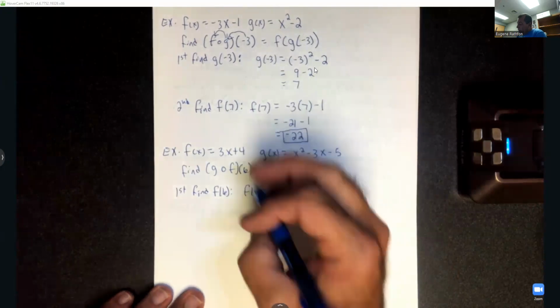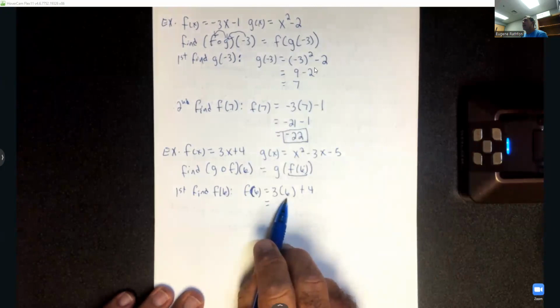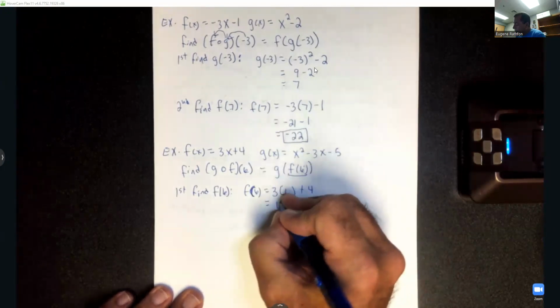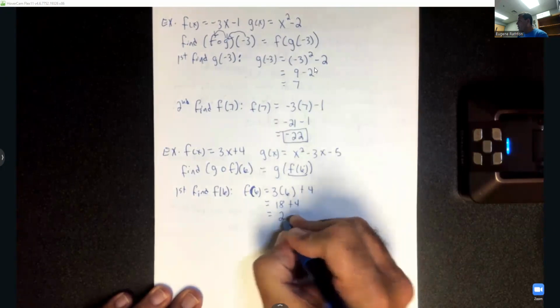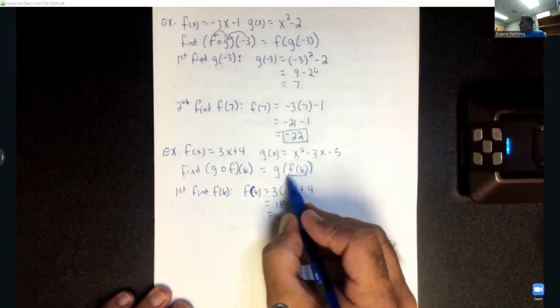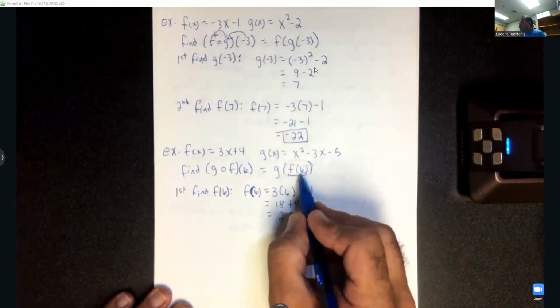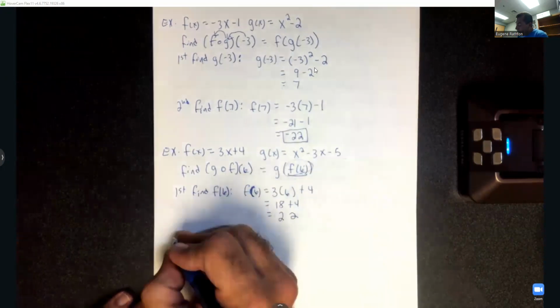All right, y'all, let's see what we get here. So make that curvy. So 3 times 6 is what, 18? Plus my 4. And 18 plus 4 gives us 22. So since f of 6 is 22, we now put 22 into the G equation.